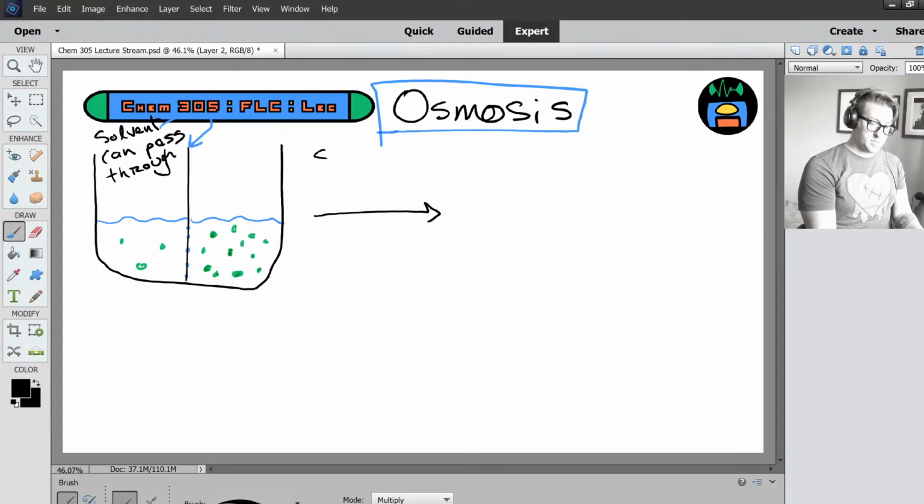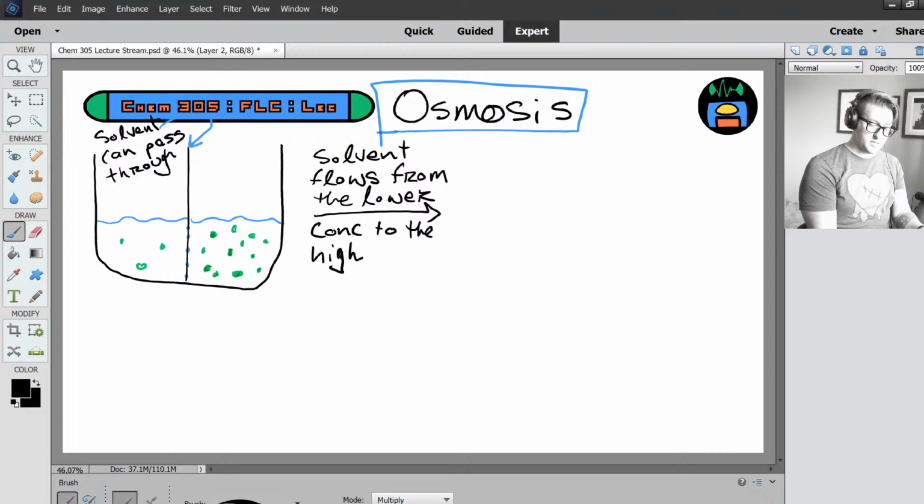All right, so solvent flows from the lower concentration to the higher concentration until they are equal. All right, that is the process of osmosis.